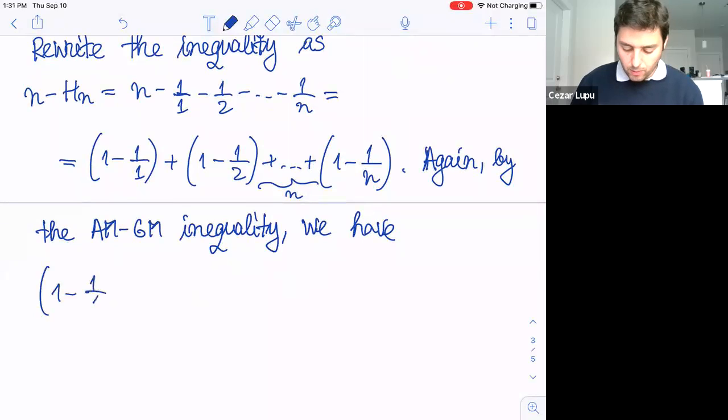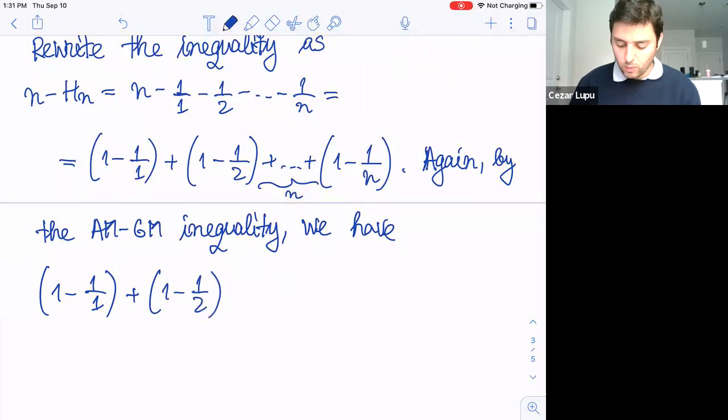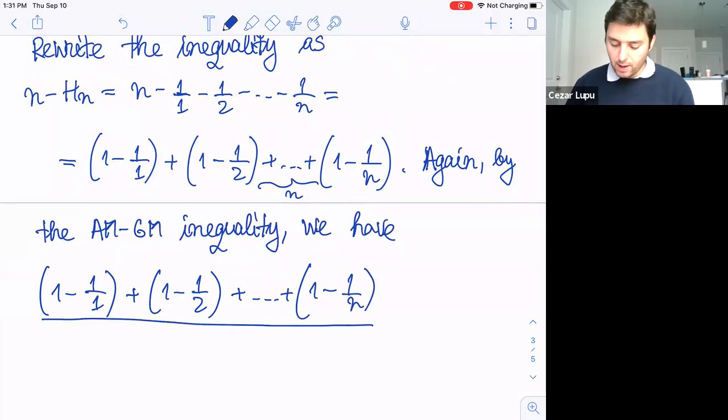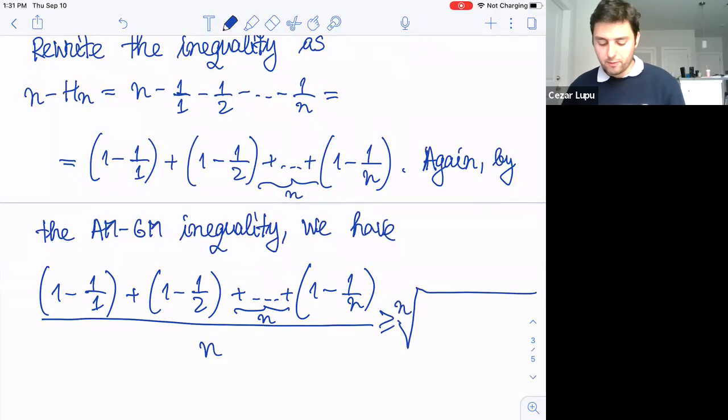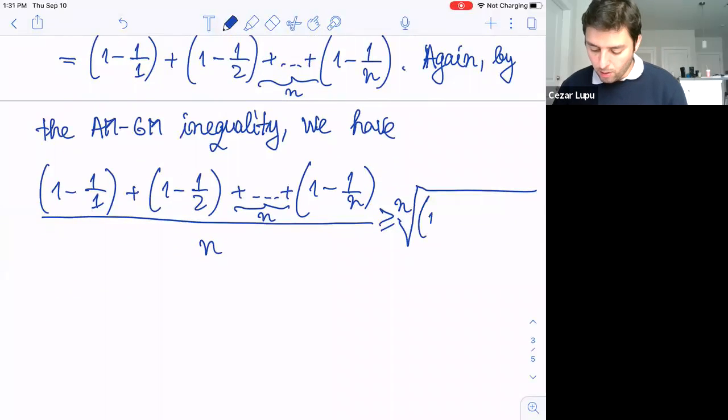It's 1 minus 1 over 1, which is nothing else than 0, but anyway, let's rewrite it. Plus 1 minus 1 half, plus all the way, plus 1 minus 1 over n, everything over n, right? Because I have here n terms, is greater or equal than the n-th root of this product here.